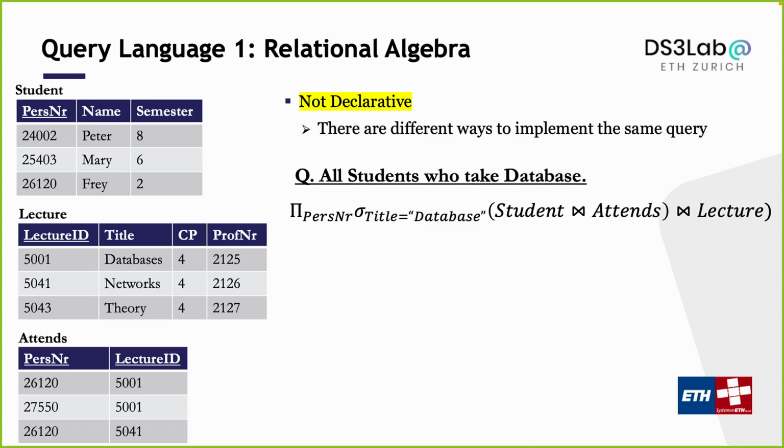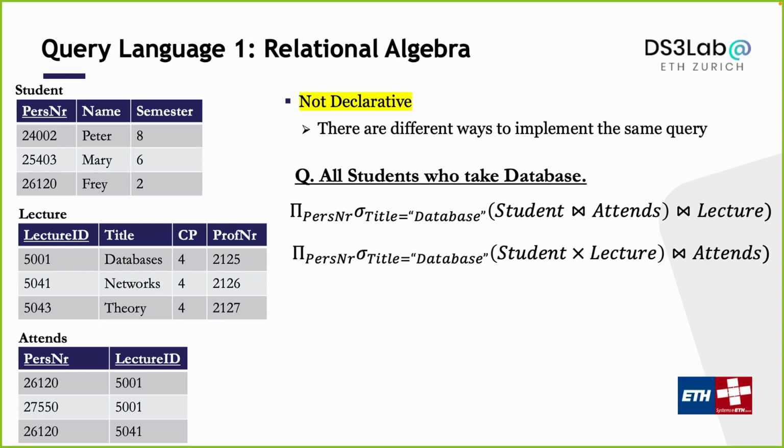But there are other ways for you to do that. An alternative way could be like this. I could do a cross product, not a natural join, but a cross product between student and lecturer. I get all the pairs of students and lecturers. If there are 1,000 students and 1,000 lecturers, I get 1 million of those pairs.